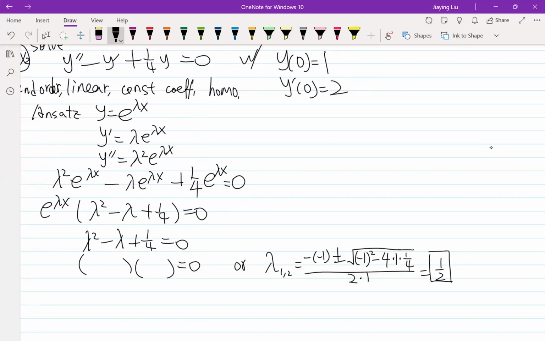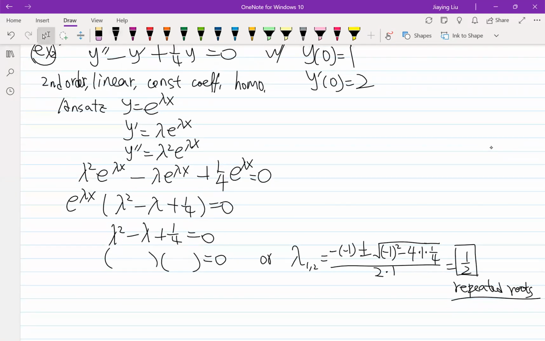That's it, only one root, which means it's a repeated root. So that's important to know because it determines what the linearly independent solutions are for the differential equation.